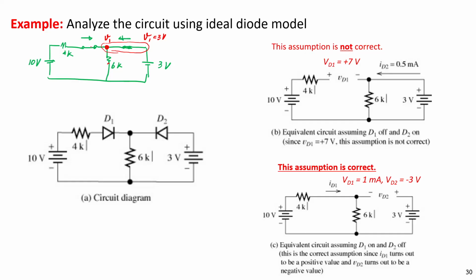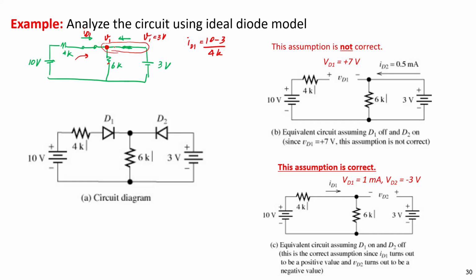And what is the current? This is 3 volt. The current would flow in this direction, right? 10 minus 3. ID1 will be 10 minus 3 divided by 4K, right? This direction, and this is the correct direction.